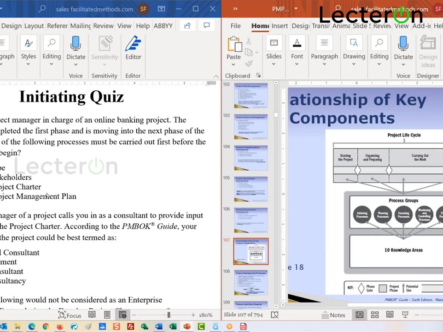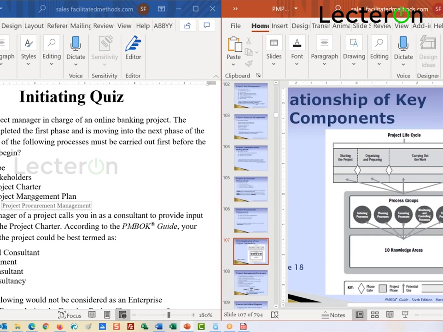Okay. Now, this is where, once again, the problem is this term of phase. When you are doing all of these process groups, all of these knowledge areas, and all of these 49 processes, if you have phases and you move from one phase to the next, you will end up doing all of these again in the next phase, except you do not create the project charter a second time.